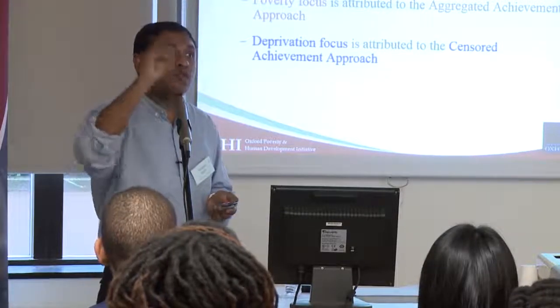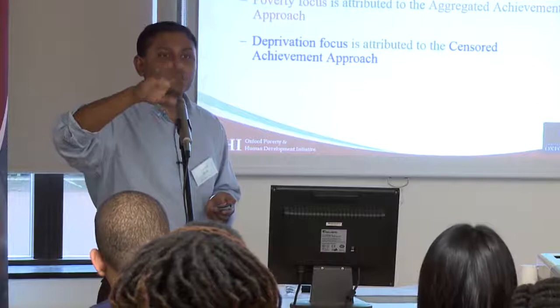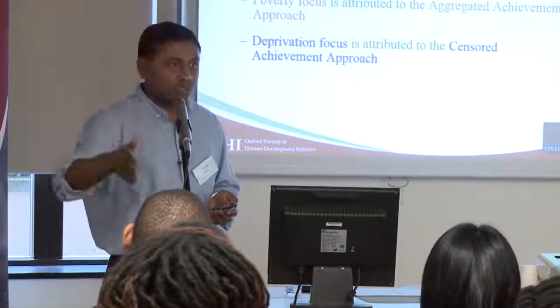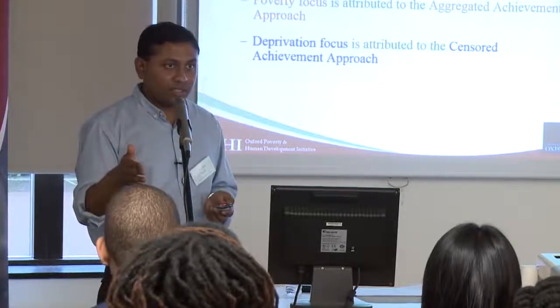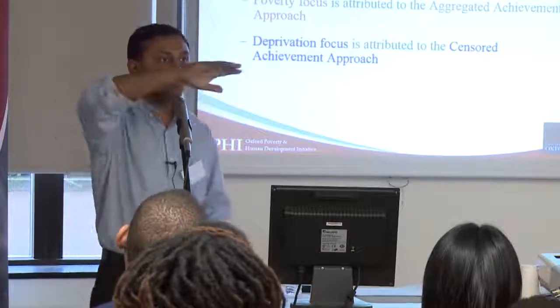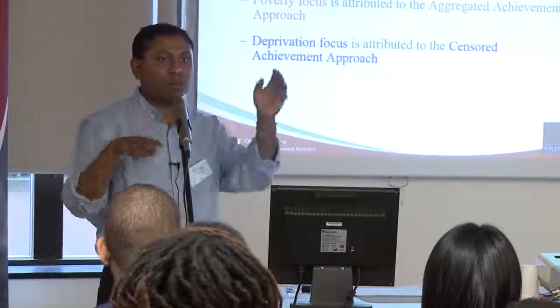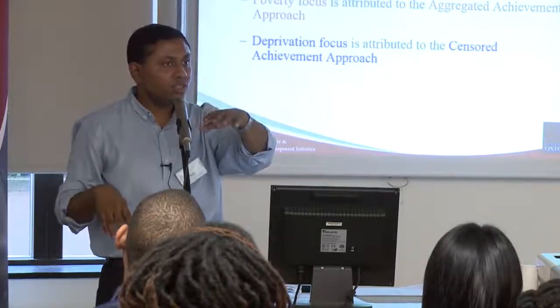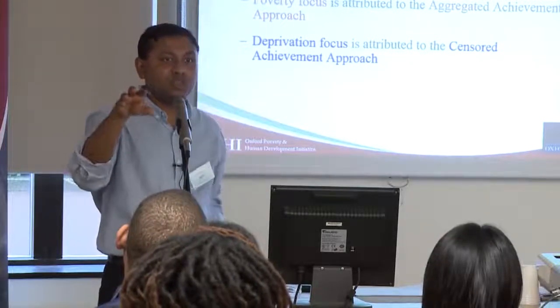Look at the example of an aggregate achievement approach. What was the example of aggregate achievement approach? Consumption expenditure approach, right? For the consumption expenditure approach, you allow substitution at any level. So if somebody is consuming a huge amount of protein but less of others, it is possible for that person to be non-poor.